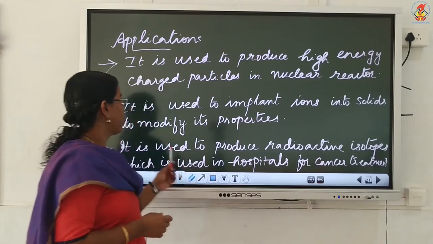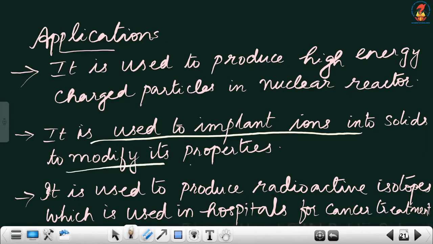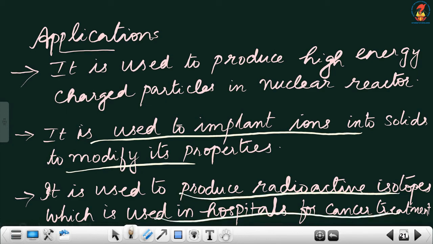The second application is that it is used to implant ions into solids to modify their properties. To modify the properties of solids and metals, we use a cyclotron to create high energy charged particles. It is also used to produce radioactive isotopes which are used in hospitals for cancer treatment.